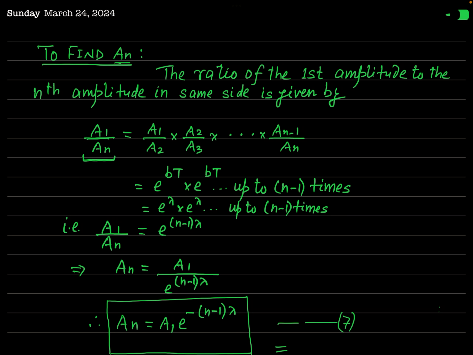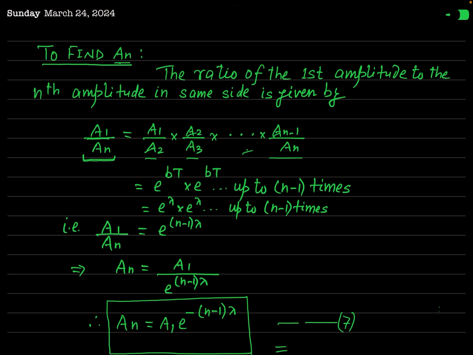A1 over An can be written as a product of A1 by A2 times A2 by A3 times so on times An minus 1 by An. Because you can see this A2 and this A2 will cancel out. Similarly here there will be An minus 1 and this will cancel out. So finally you will get A1 by An.